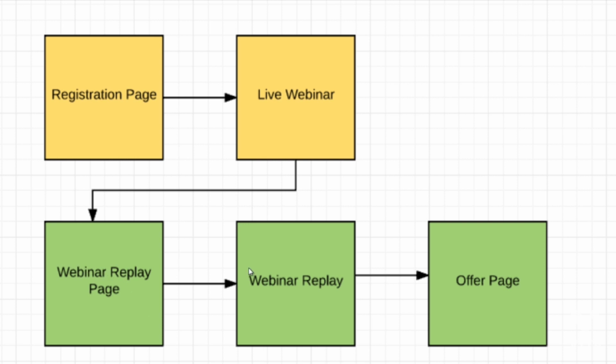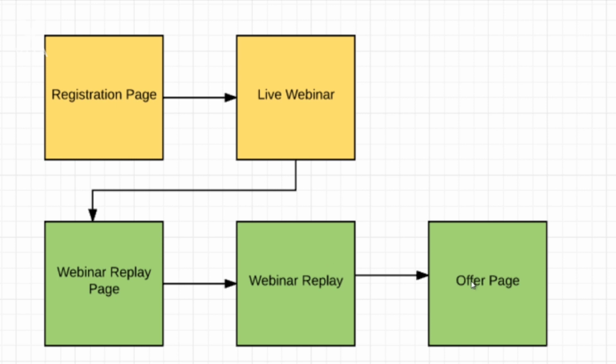And of course, this registration page right here is going to turn into a webinar replay page. Everything that deals with live webinar wording is going to change to watch this webinar replay. So you're just taking this page and turning it into a webinar replay page, directed straight to the webinar replay.